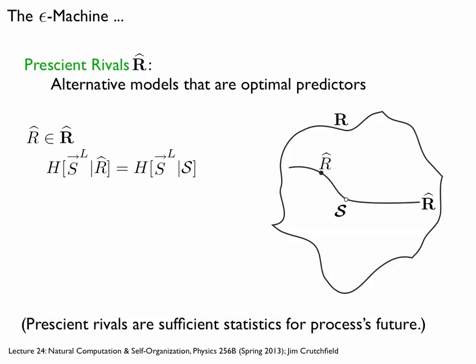So you should imagine that in the space of all these models we could choose, all these possible partitions of the space of histories, there's now a subspace where all of these get the entropy rate. They ascribe the same apparent randomness to the process. The definition of these is choices of model where the future is equally uncertain compared to using the causal states themselves.